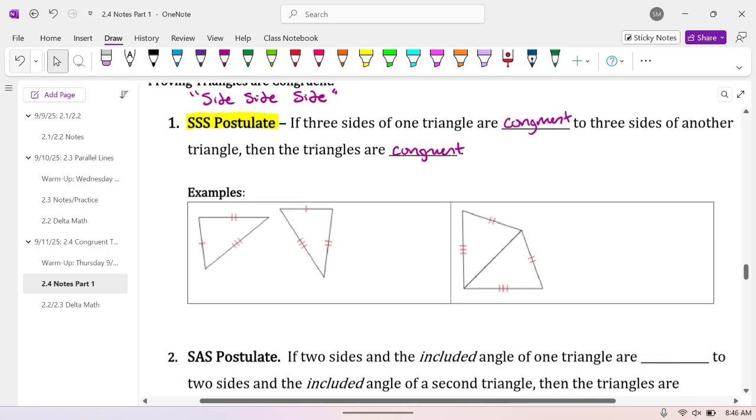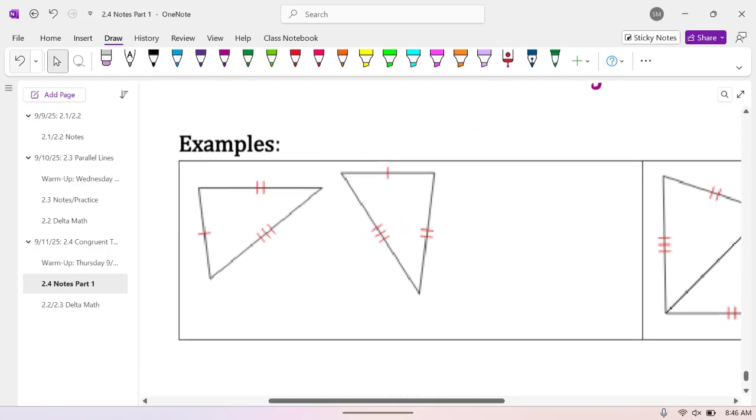All right, so for example, let's look at this first one. Okay, this is where we play the matching game. All right, so remember, the number of ticks dictates which sides are congruent. So this side with one tick would be congruent to this side, this one with two would be congruent to this side, this one with three would be congruent to this side. Now, based off of how triangles are, if you have three congruent sides, automatically those angles will be the same.